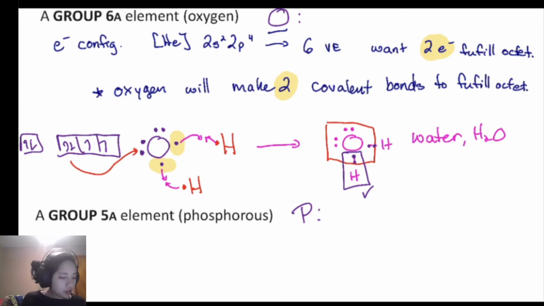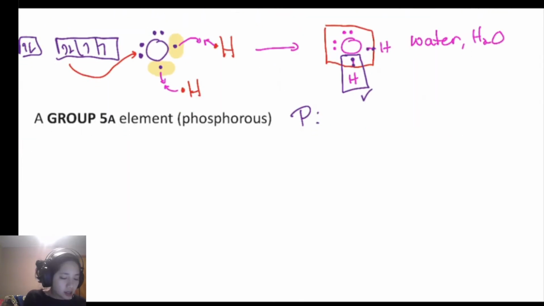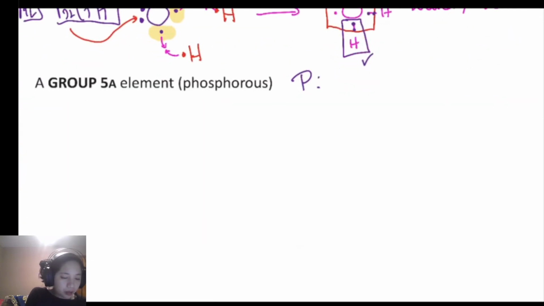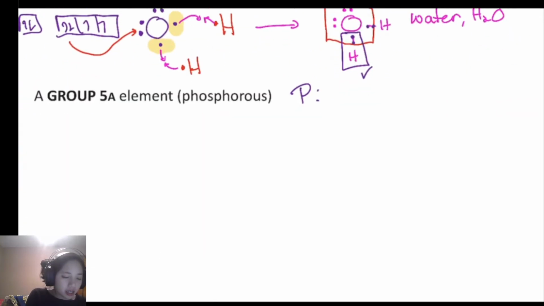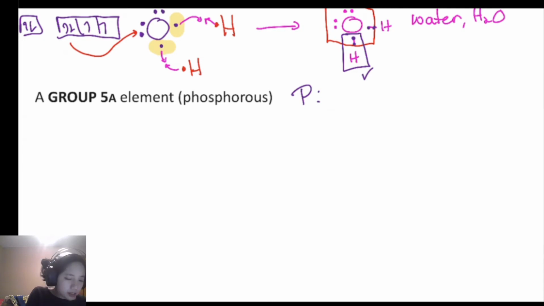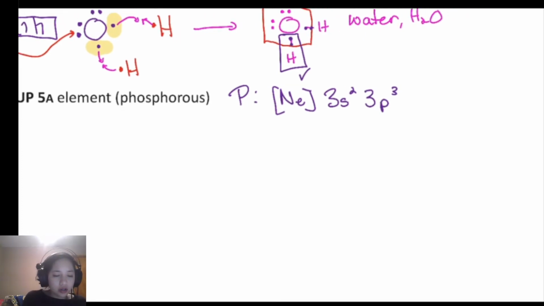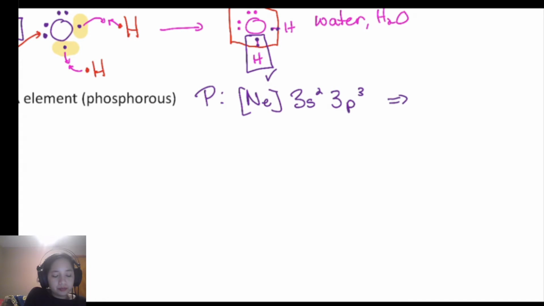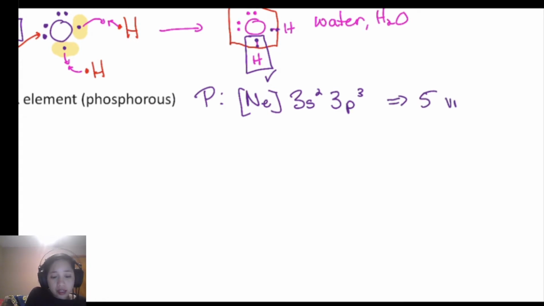Okay, so let's do another example, phosphorus. Let's write out the electron configuration for phosphorus again, because that's always the best place to start. So neon 3s2 3p3. All right, so I see that there are 5 valence electrons.